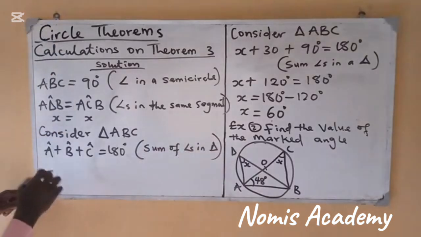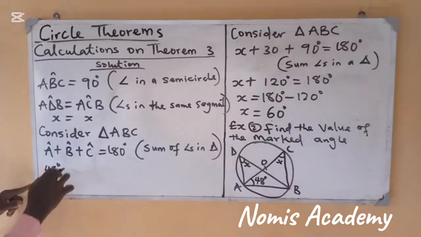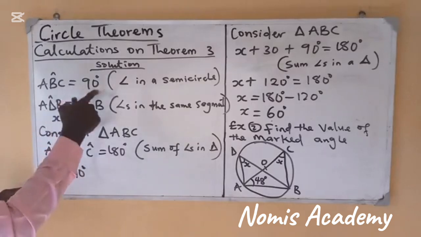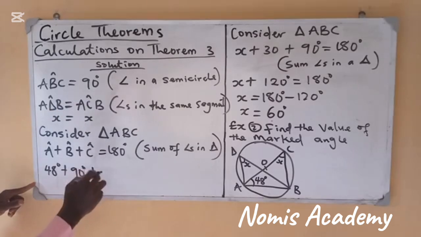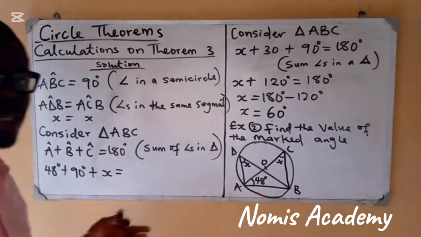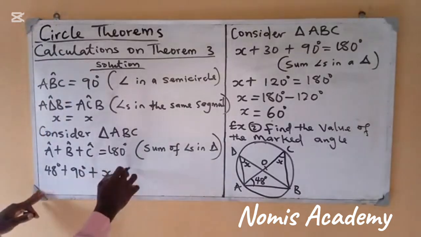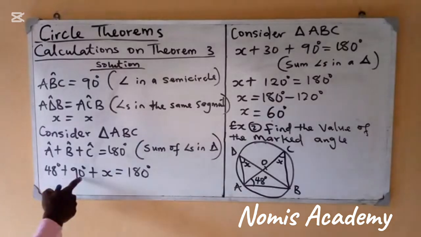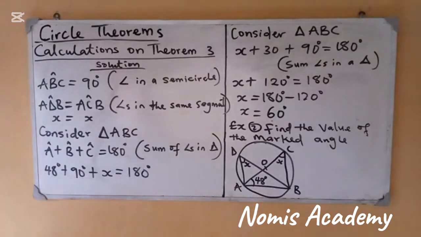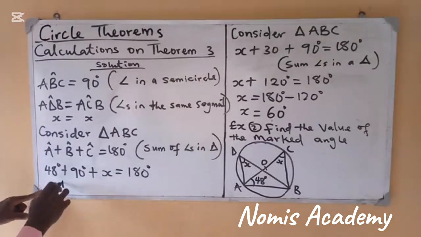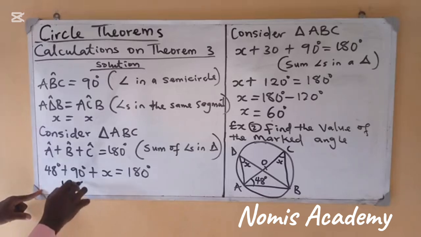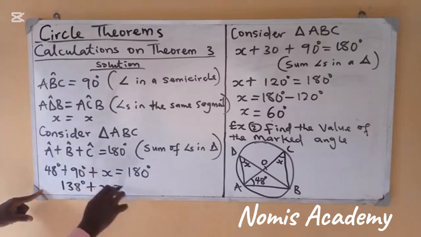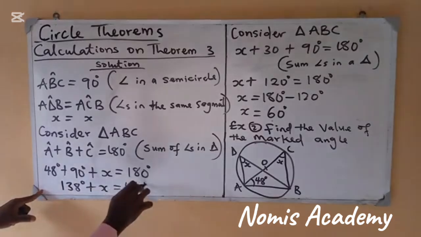So angle at A is 48 degrees plus angle at B is 90 degrees as stated, and then angle at C, which is x, and that is the marked angle we are looking for. So this particular one is 180 degrees. So 90 plus 48 is 138 degrees plus x equal to 180 degrees.